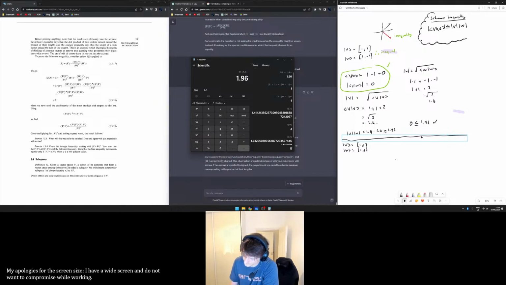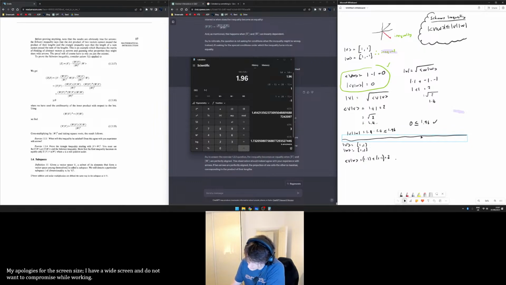Then the inner product of that is going to be 2. Sorry, the magnitude. So let's just do it. The inner product is 1 times 1 plus 1 times 1, which equals 2, and then the magnitude of 2 is 2.